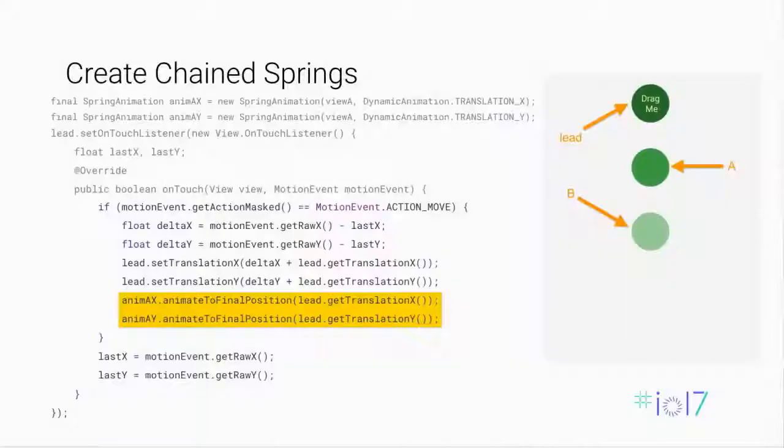If A is already animating, then we're going to update A's final position so that, if you remember in one of the earlier slides, the way physics-based animation handled target value change, A would eventually, after some course correction, head towards the lead view. And this is how we achieve having A follow the lead. And finally, we're going to update the last position for the motion event for the delta calculation.